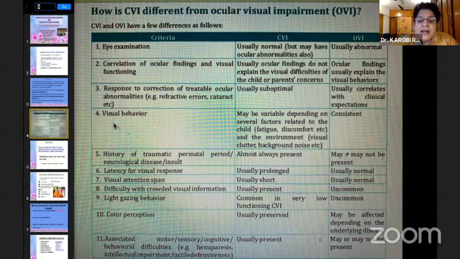Light gazing behavior and color perception issues are generally common in a low functioning CVI, whereas they are uncommon in the OVI. And associated sensory, cognitive, and behavioral difficulties are usually present with CVI but not so in OVI. So these are the basic differences between a CVI child and an OVI child.